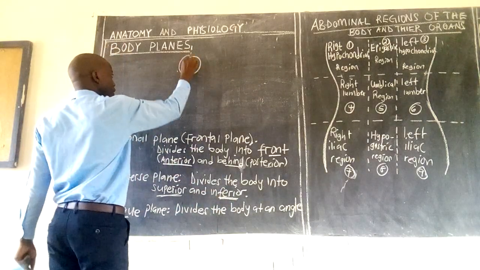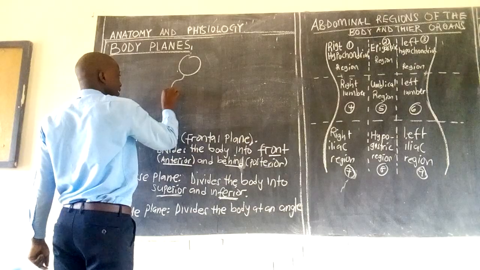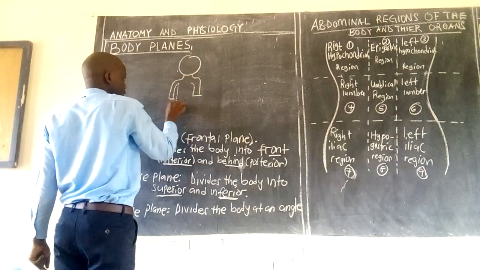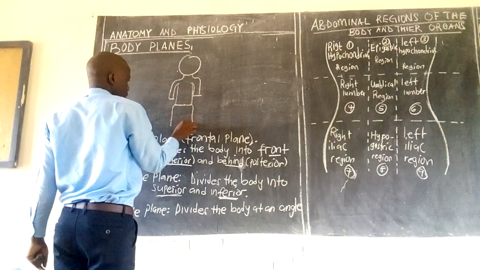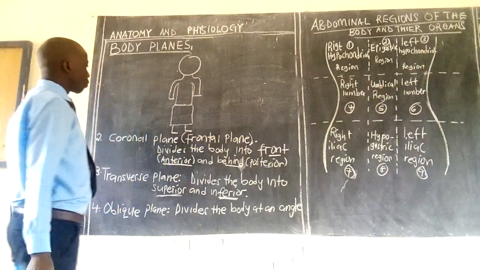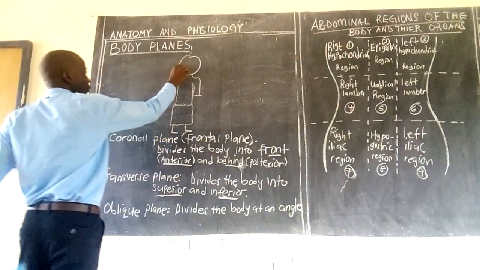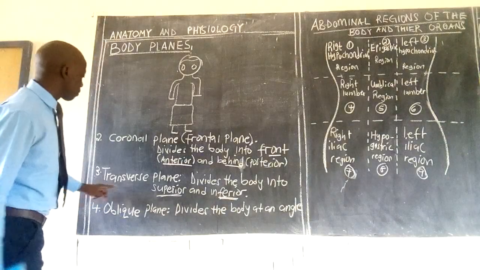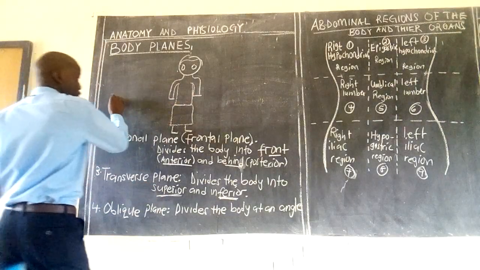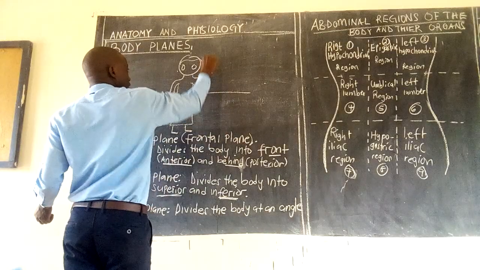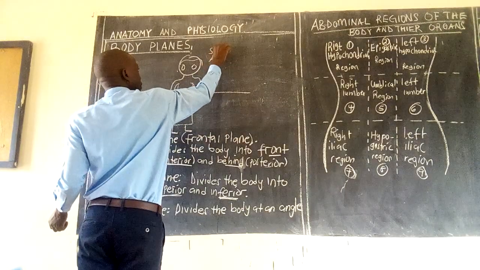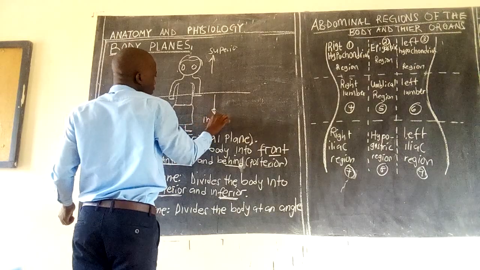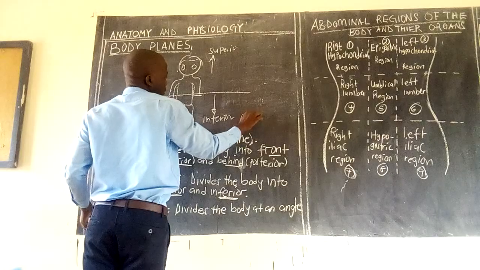If this is my human being, maybe these are our arms. If I'm to make a transverse plane to this person, I should be able to have the superior part and the inferior part.